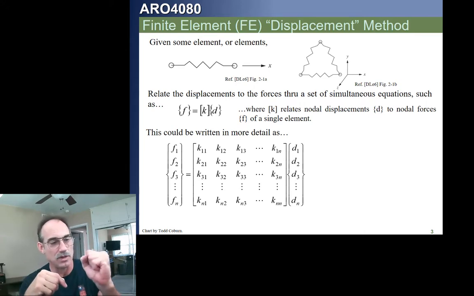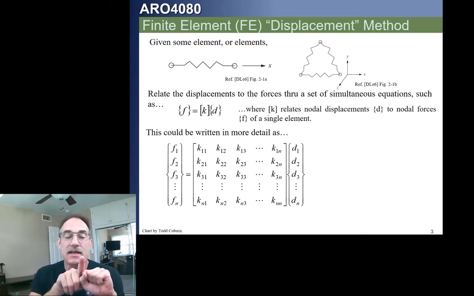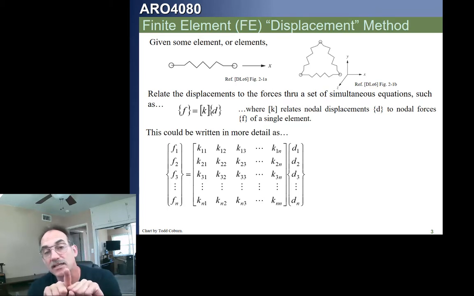For example, if we have a node here and we have one element, then only one spring constant will show up at that node because only that one element will affect the node. But if we have two elements springing out of that node, then both stiffnesses will affect the node because any movement of the node will cause forces in both elements.